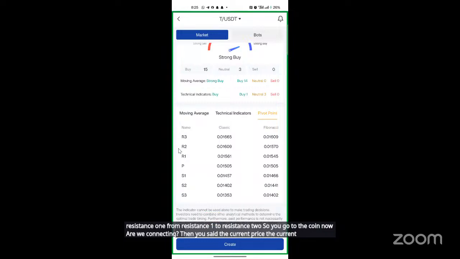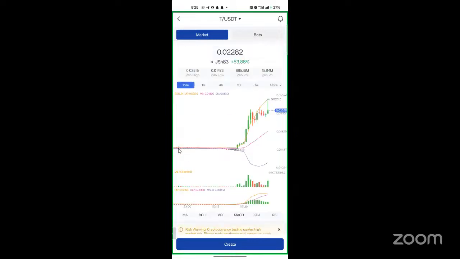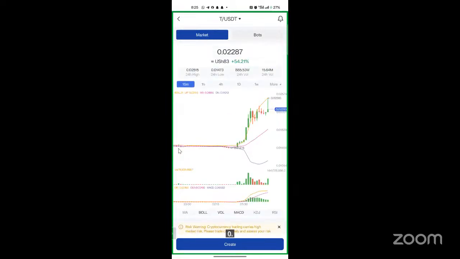Then you say the current price is 0.02280. We are in 15 minutes. And resistance 3 is 0.01665 or 1609.